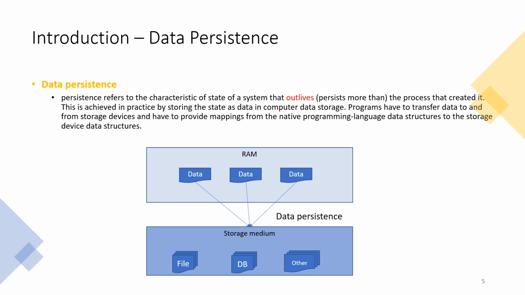Last semester we talked a lot about the database, but when we introduced it, we also said that data can be stored in files. This is happening as well currently.